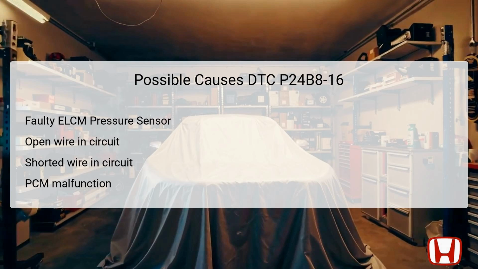Thirdly, a shorted wire may lead to voltage leaks or disrupt the normal function of electrical components. Finally, a malfunction within the powertrain control module, PCM, could misinterpret or fail to properly read the signal from the ELCM pressure sensor. Each of these factors must be thoroughly investigated to pinpoint the exact cause of the issue.